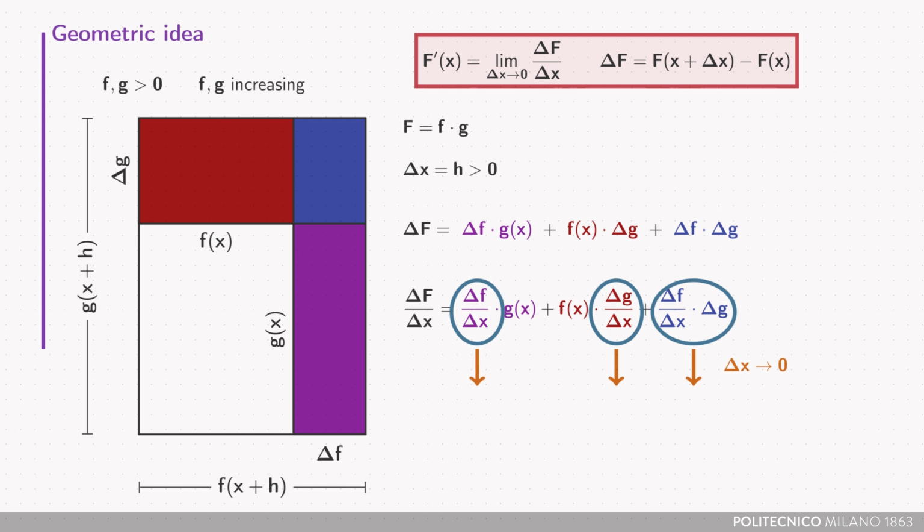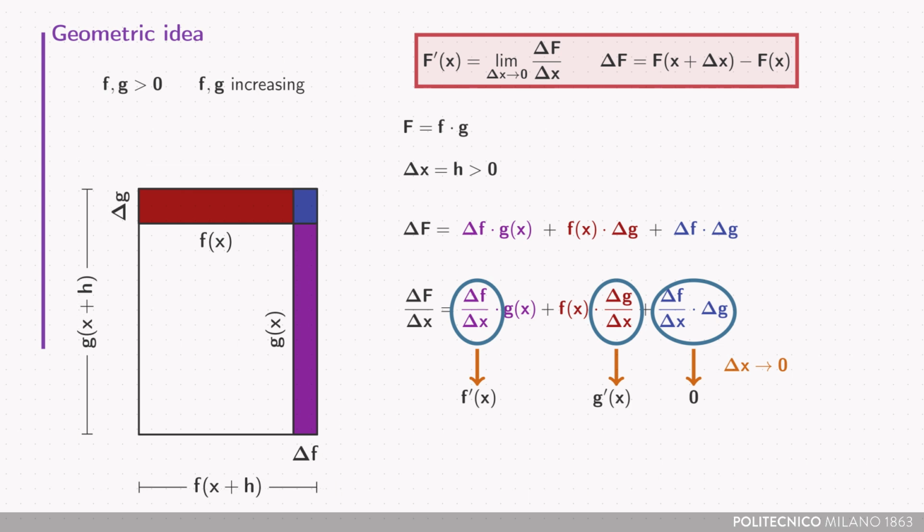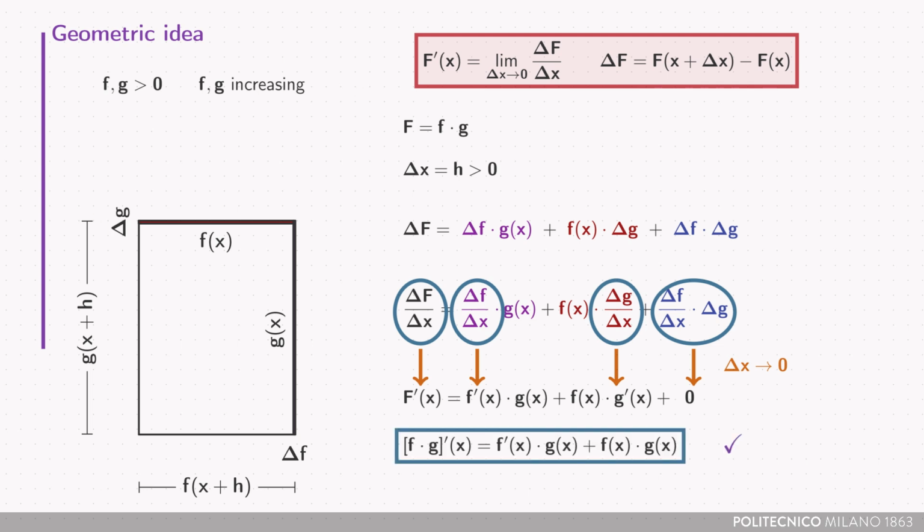The derivative big F prime of x is obtained by passing to the limit for delta x approaches 0. The difference quotients of f and g tend to their respective derivatives, while delta g tends to 0, bringing the last term to 0. As a result, we obtain the derivative of big F. Recalling that big F is f times g, we get the Leibniz rule.